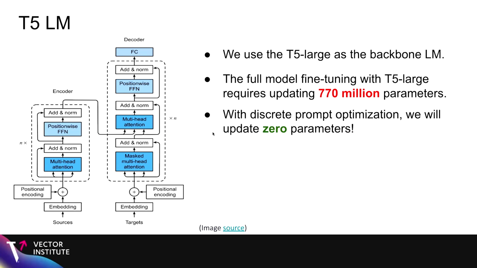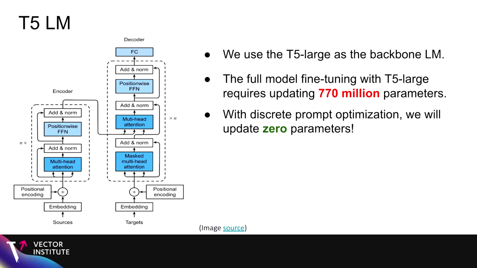One interesting thing is that if we want to fine-tune weights in this T5 model, we have to adjust around 770 million parameters. But with the two techniques that I worked on this semester, we update 0 parameters. So it's a parameter-free prompt optimization technique.